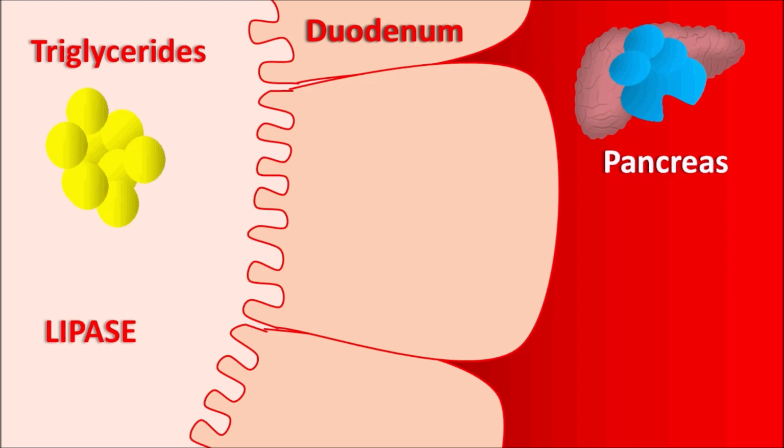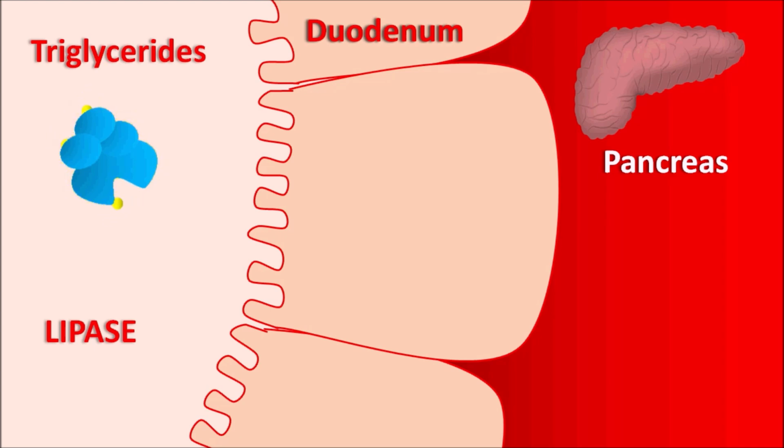This lipase which is released from the pancreas can enter into the intestine where it can act on the triglycerides. Now lipase is the cleavage enzyme for triglycerides which can convert triglycerides into free fatty acids. These free fatty acids are small fragments which can be absorbed into the intestine so that they can reach into the systemic circulation. In this way, triglycerides are converted into free fatty acids by intestinal lipase enzyme.